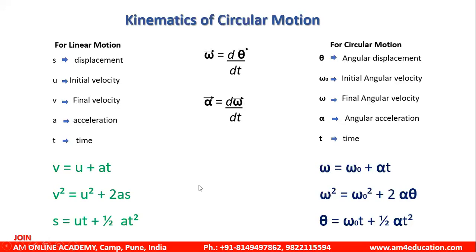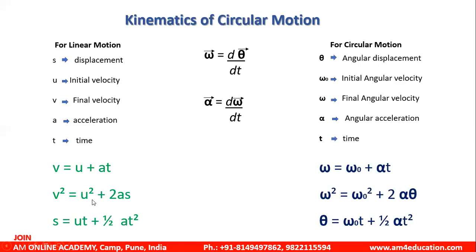Both equations are exactly similar, but the quantities are different. In linear motion, all the quantities are related to linear motion, that is linear velocity, linear displacement. In circular motion, it is angular velocity, angular acceleration, angular displacement, and so on.